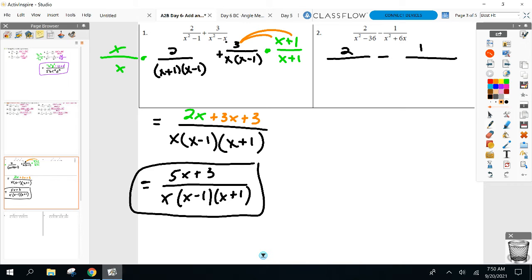Zach, you ready? Okay, go ahead. What does the bottom left factor into? x plus 6, x minus 6. And bottom right? You take an x and you left that plus 6.